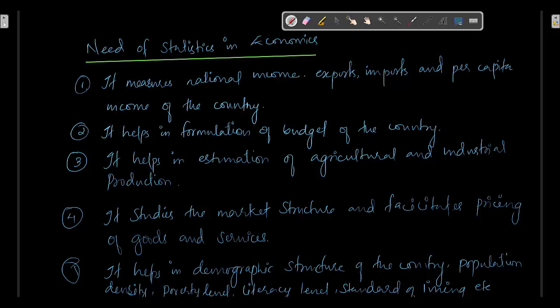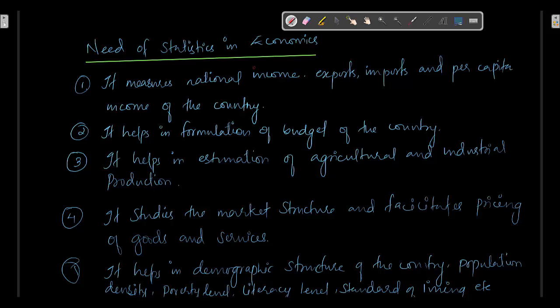Now, as we learned, statistics refers to the numerical facts and figures relating to many phenomena. The most important thing is that it measures national income, exports, imports, and per capita income of the country.